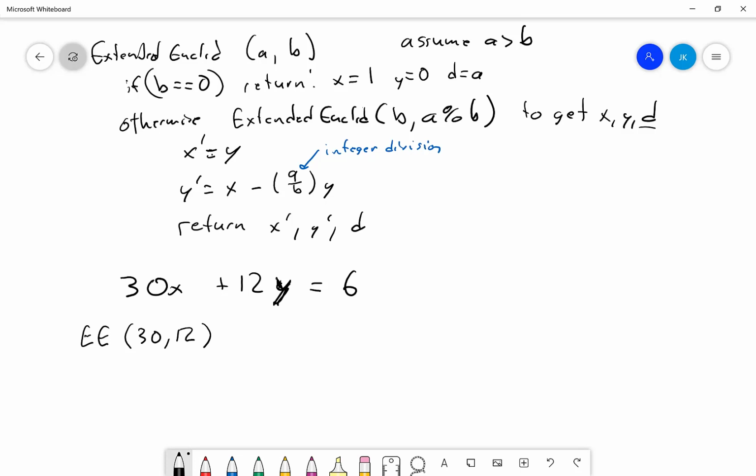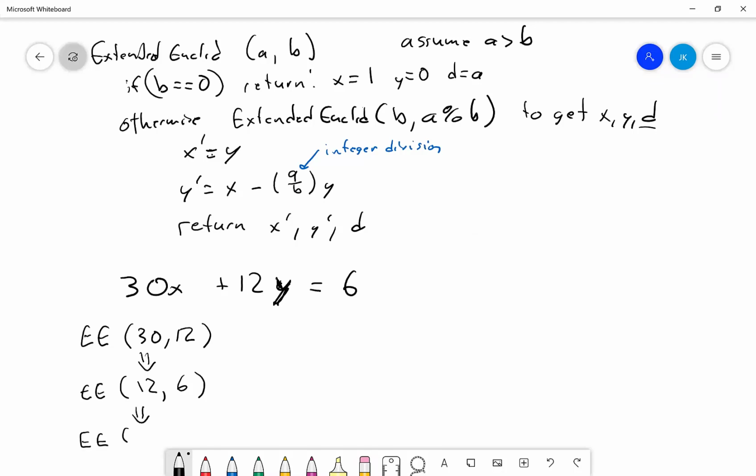When we do this, we will say, is b equal to 0? No, that's going to lead to us calling EE of 12 and 30 mod 12. So 30 divided by 12 goes 24, and the remainder is 6. Then we look at that. Is b equal to 0? No. We're going to call this again.